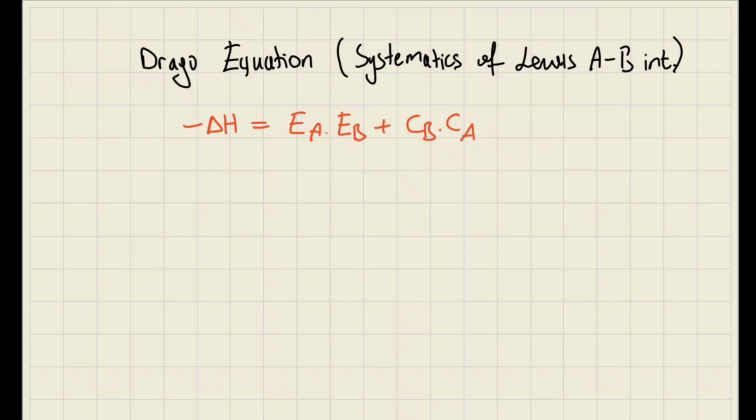CA times CB means that it is the covalent interaction, and the EA and EB are the electronic interactions, and all these values are tabulated.